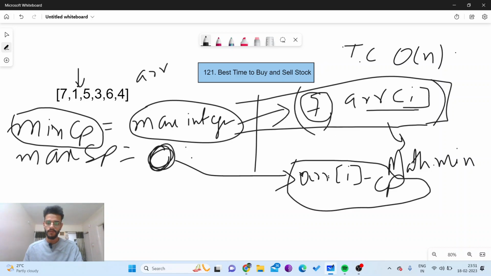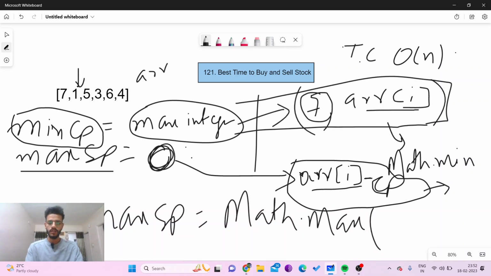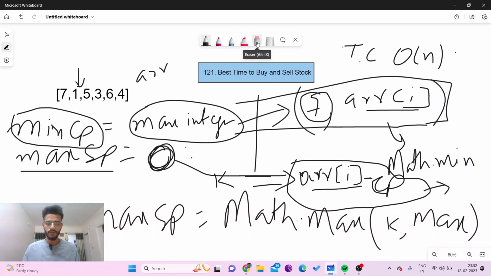If I am selling at this value, then we will get the maximum. This maximum we will store in max SP by using Math.max of k and max, and we will return max SP.